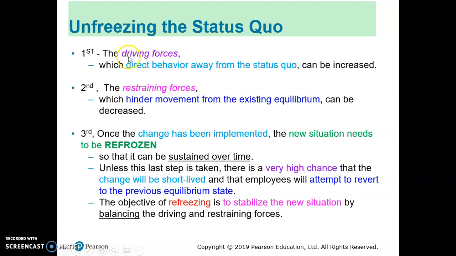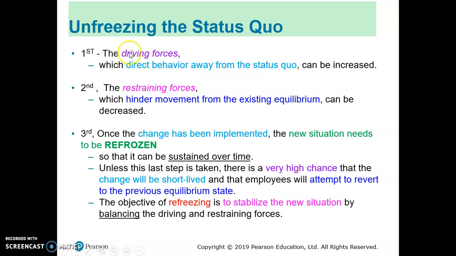the unfreezing of the status quo starts with the driving force. You need to have the driving force. You need to admit that you need to change because of the problem. So there's a driving force that comes directly from you. The driving force, which directs behavior away from the status quo, needs to be increased in order to change.